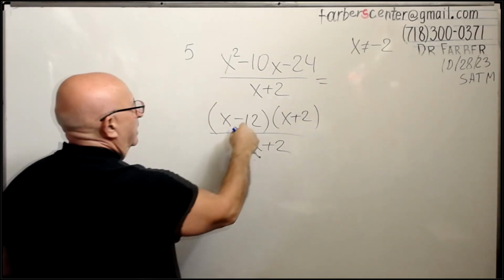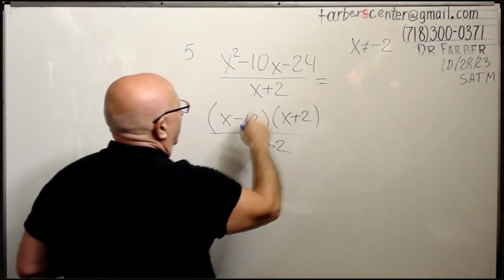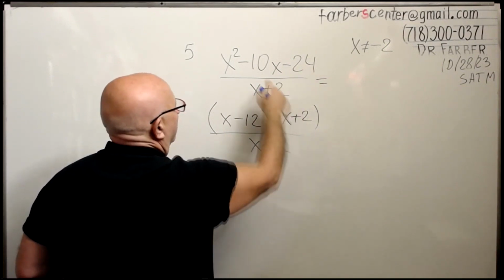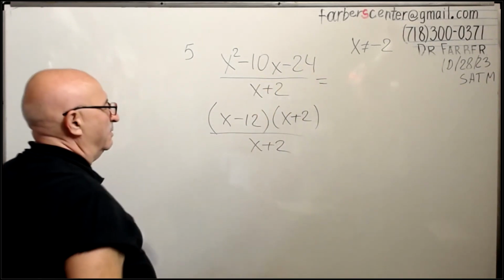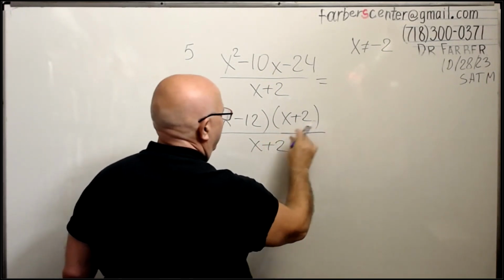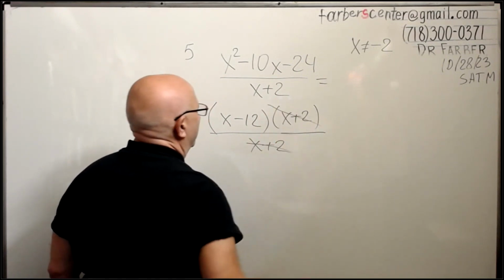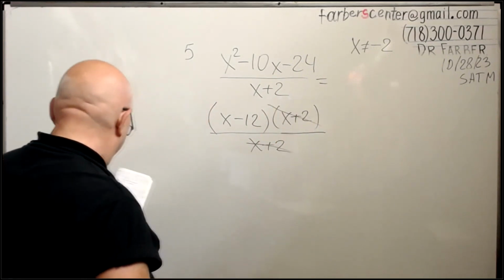How do I know? Negative 12 times 2 is negative 24, negative 12 plus 2 is negative 10. I factorized like you did in 7th grade using the Francois-Vieta theorem. After that, simplify, and you get this also.